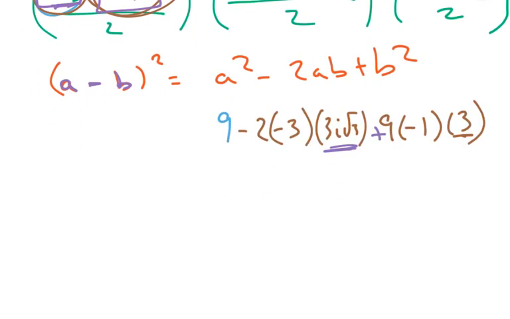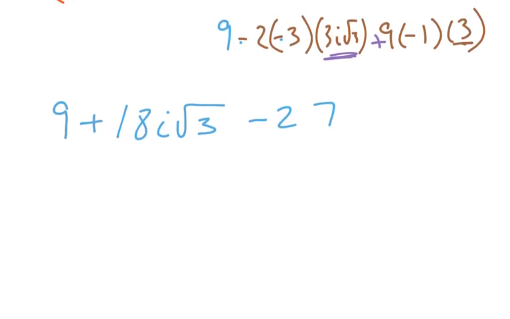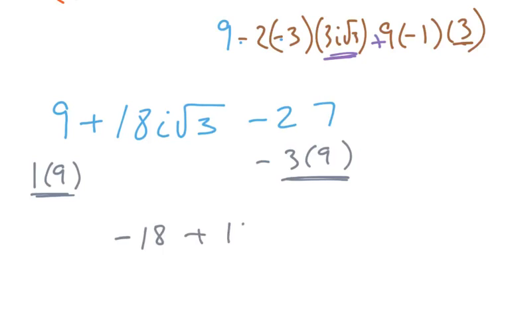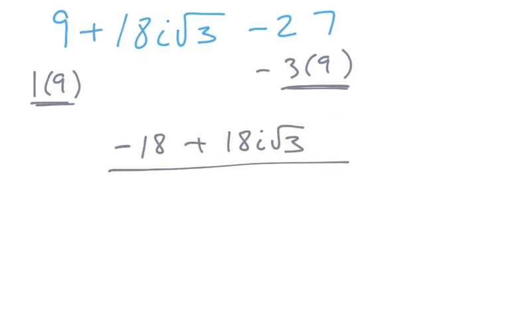So if I clean this up, I get 9 plus, I got plus from negative and negative, 2 times 3 is 6, 6 times 3 is 18. In the back I get negative 27. So let me clean this up a little bit. 27 in my mind is 3 times 9, and 9 is 1 times 9. So if I have 1 and I take away 3, I have negative 2. Negative 2 times 9 is negative 18. Negative 18 plus 18i√3 all over the denominator, which is just 2 times 2, which is 4.